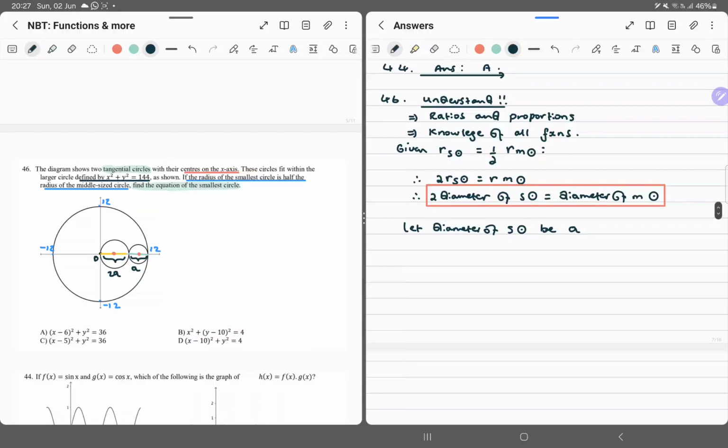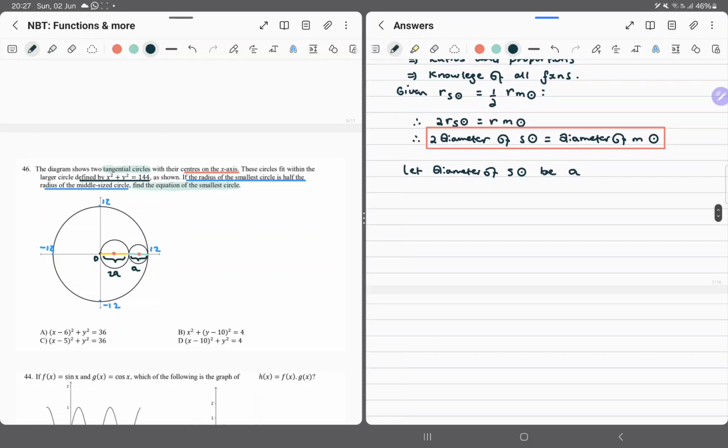And then we know now that 2A plus A is going to be equal to the square root of 144, because we can see that those distances added together give us the radius of this bigger circle.